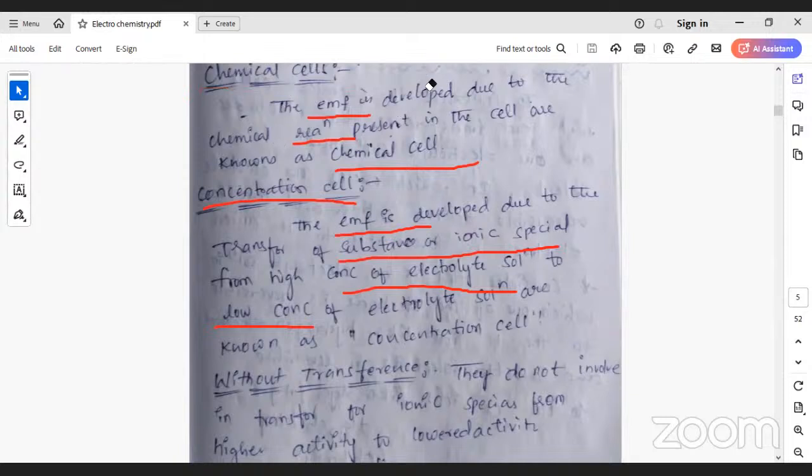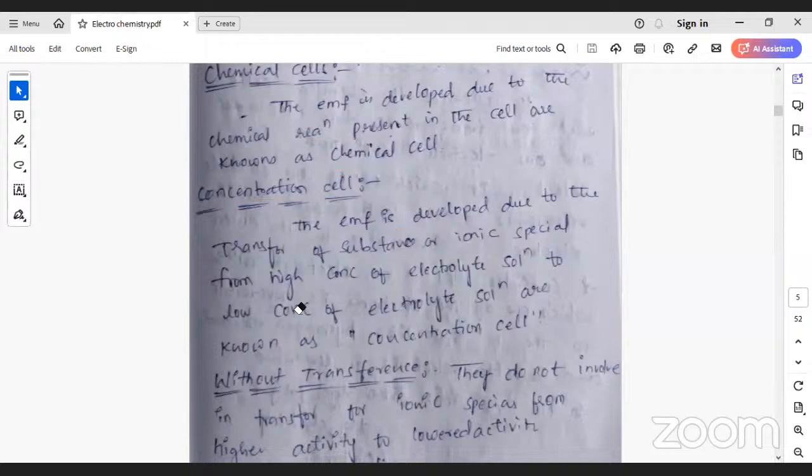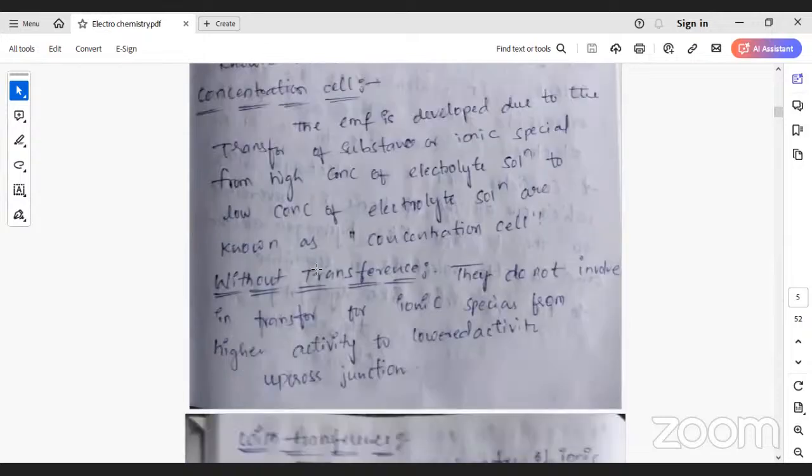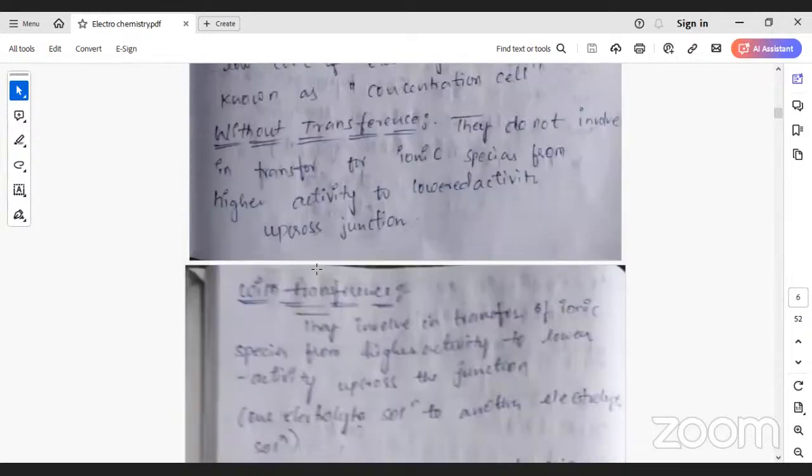So clearly you have to focus and understand the concept, and we'll discuss without transference and with transference.